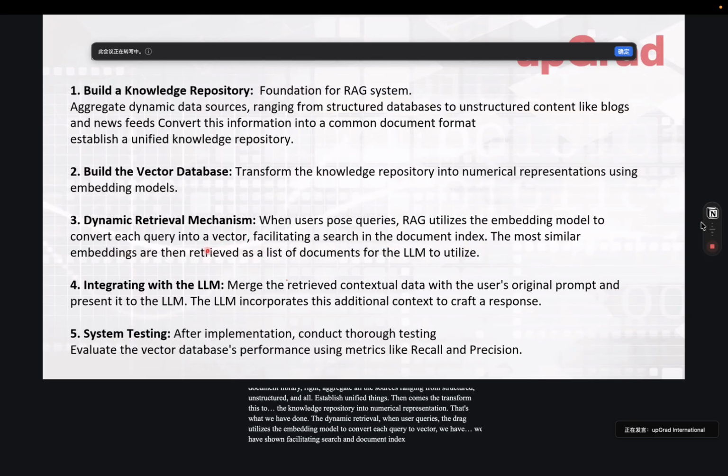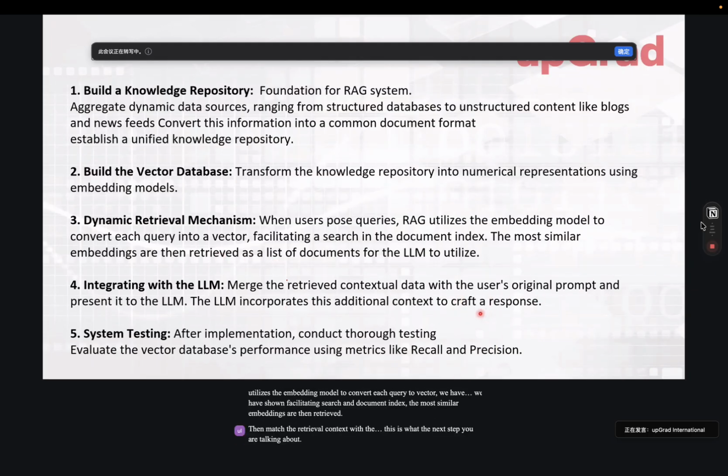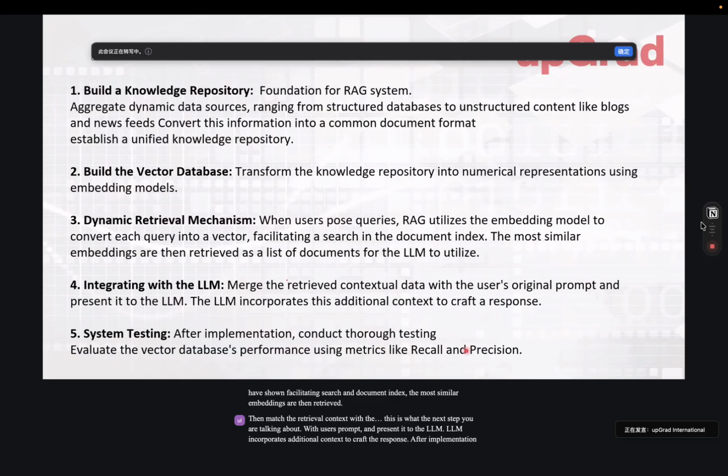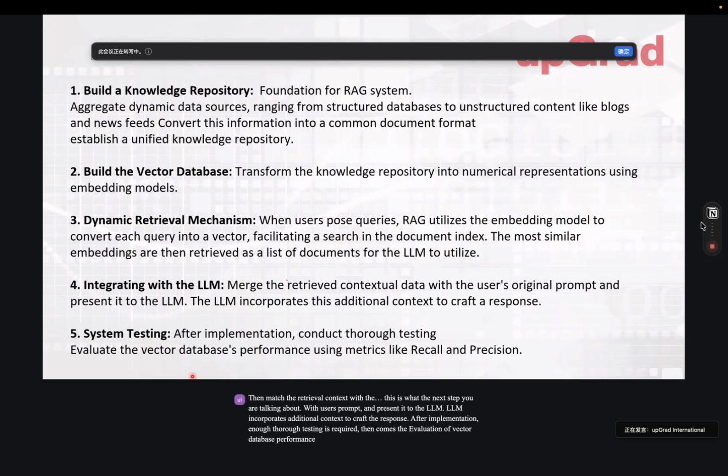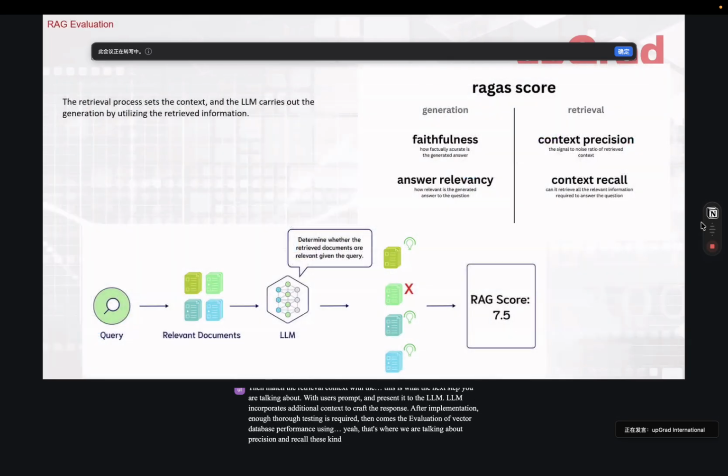The most similar embeddings are then retrieved. Then match the retrieval context with the user's prompt and present it to the LLM. The LLM incorporates additional context to craft the response. After implementation, thorough testing is required. Then comes the evaluation of vector database performance, where we are talking about precision and recall. Let me cover this part also, and then we'll take a pause.